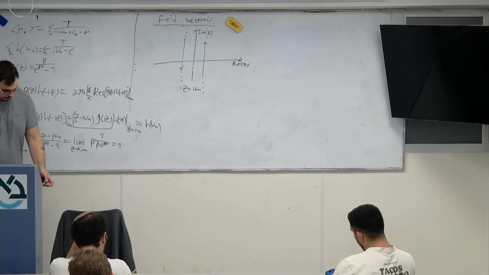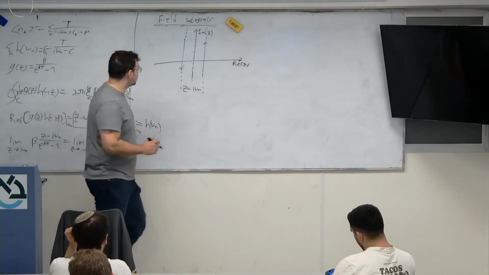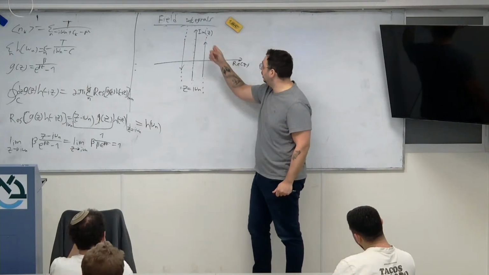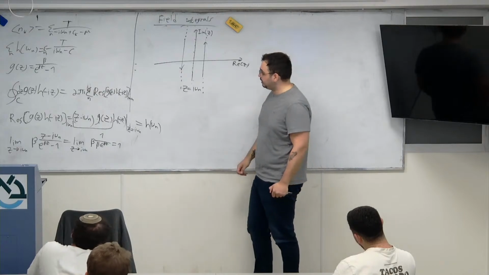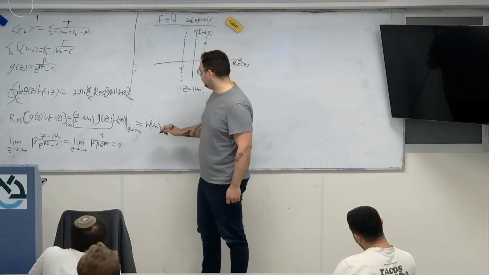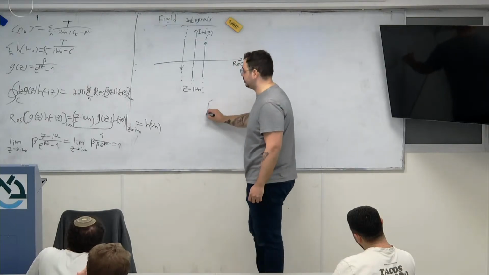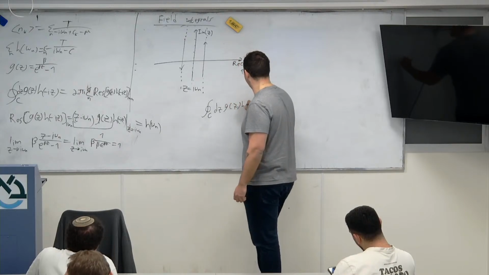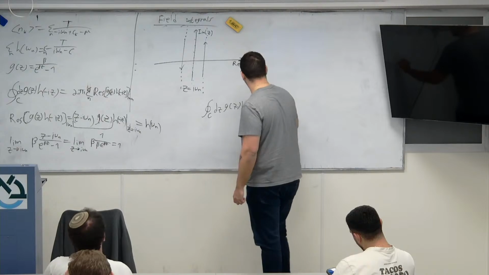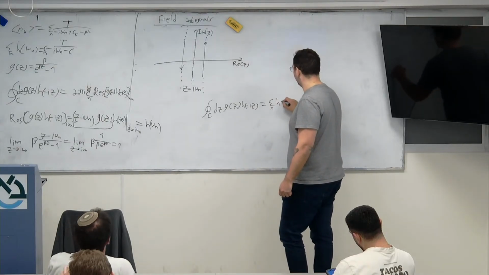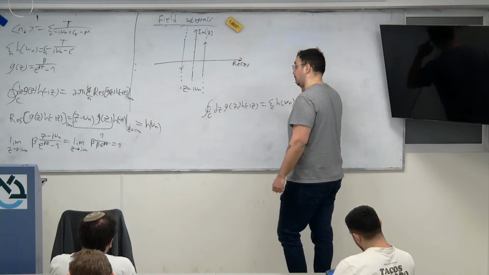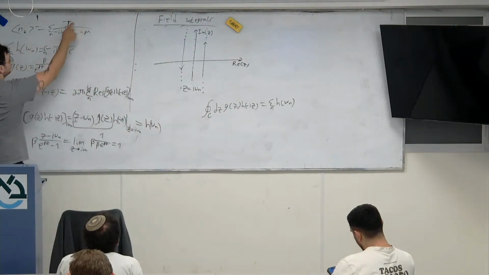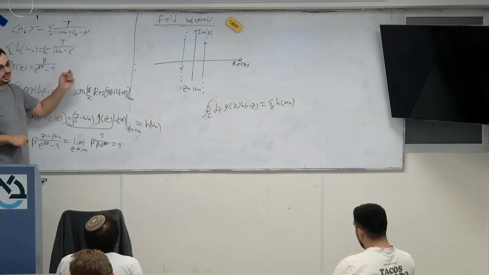And now we'll note that since we have a pole at every one of those i omega n across the imaginary line, this integral will just be equal. We just write it again here: the contour integral dz g(z) h(-iz) equals the sum over n of h(omega n), which is exactly what we want. This is one side. This means that this integral is equal to this sum, up to putting the c inside.